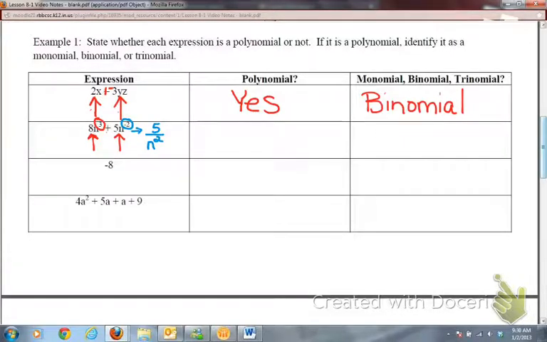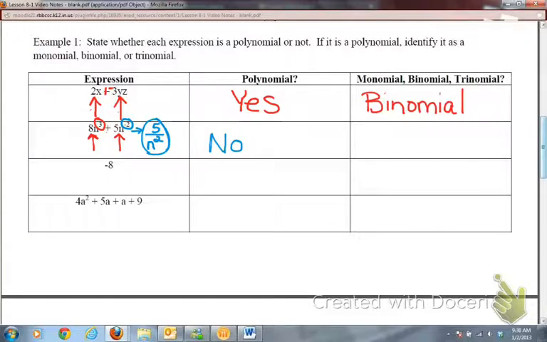So the 5n to the -2 becomes this fraction, and as I mentioned before, you're not allowed to have variables on the bottom of a fraction and still have it be a polynomial. You're allowed to do it, it's just not a polynomial anymore. Because of that, this is a no. It's not a polynomial, so it's not a monomial, binomial, or trinomial.